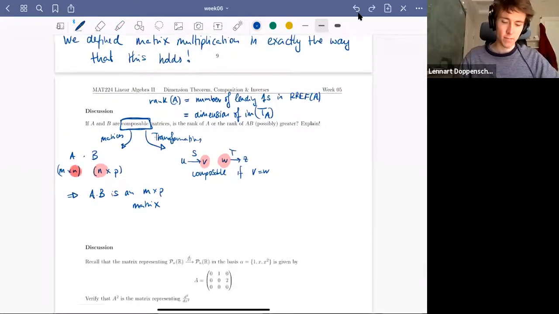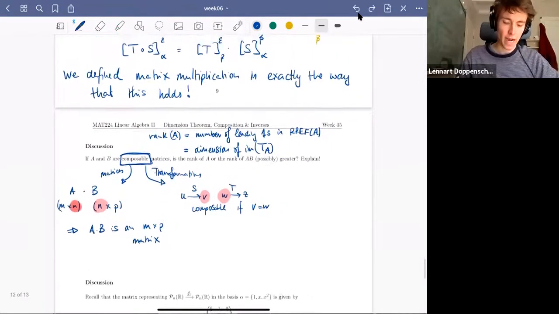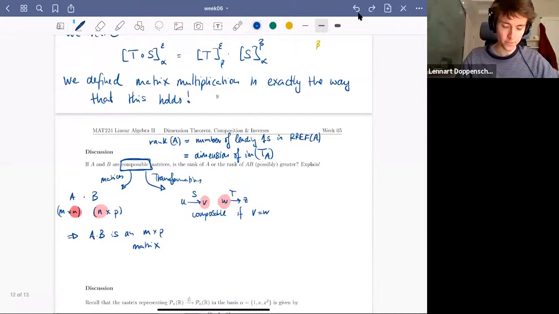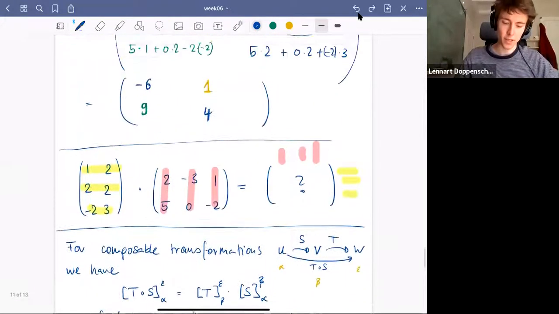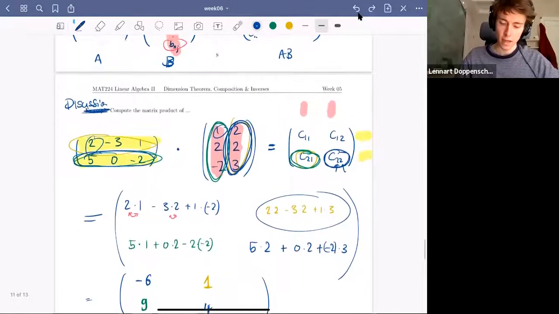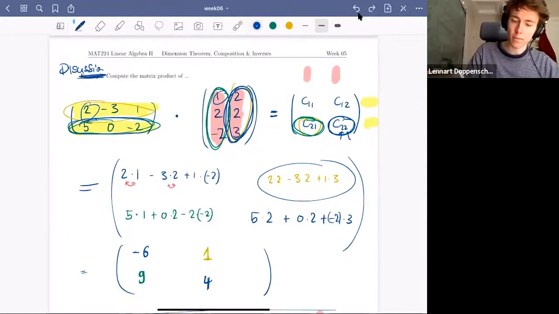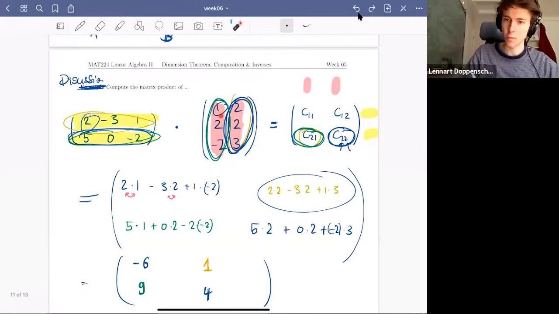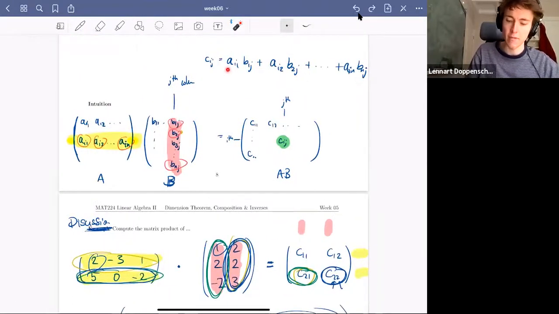And the reason that you have to have this compatibility to be composable is really just obvious from the definition here. If you wanted to pair this first column with this first row, then you need the same number of elements in this column as in this row. So this definition that I gave here of the sum of A_i1 B_1j doesn't make sense if there are more A's in the row than B's in the column.